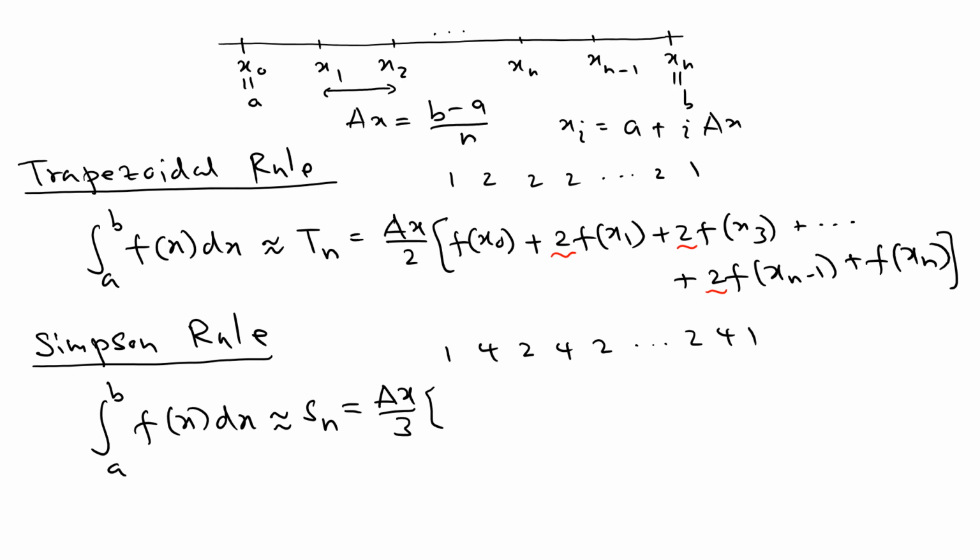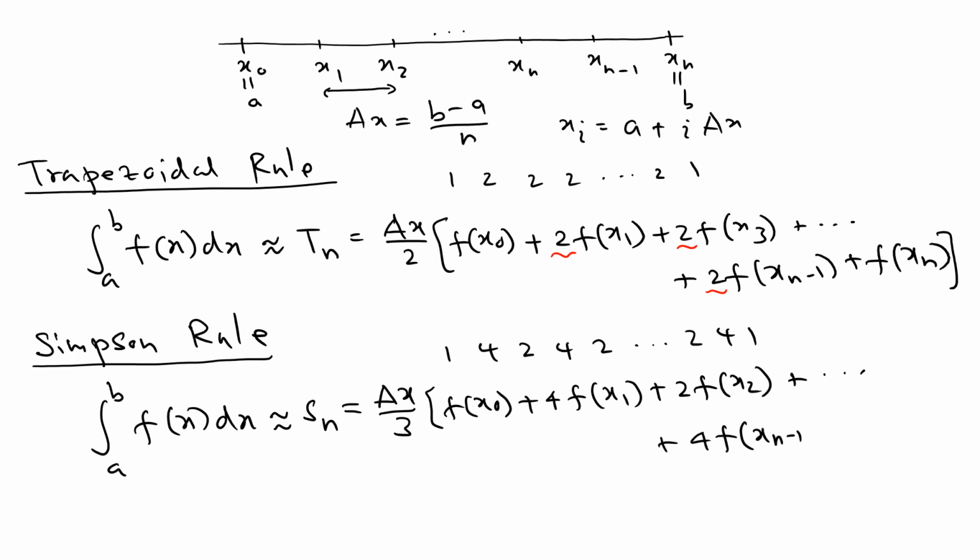So that means f(x naught), each odd node multiplied by 4, so 4 f(x1), 2 f(x2), like that, and at the end 4 f(x_{n-1}) plus f(xn).